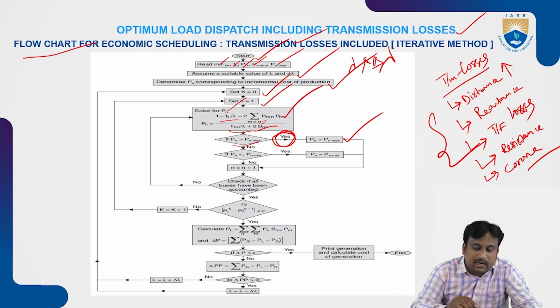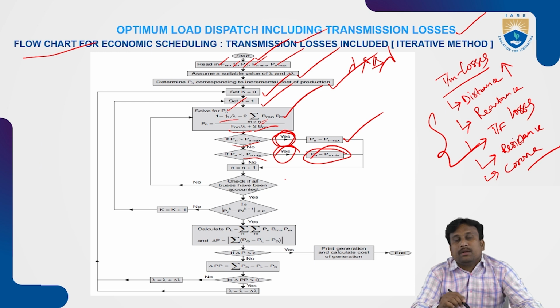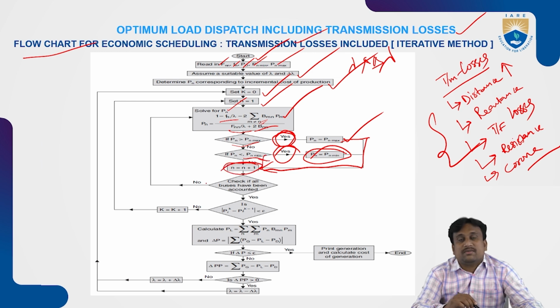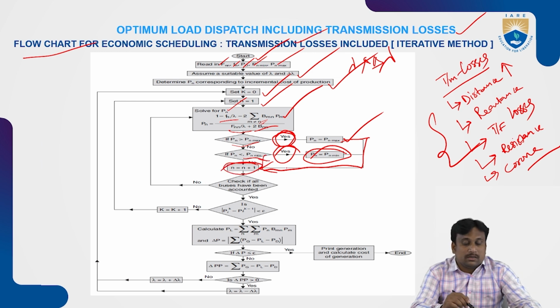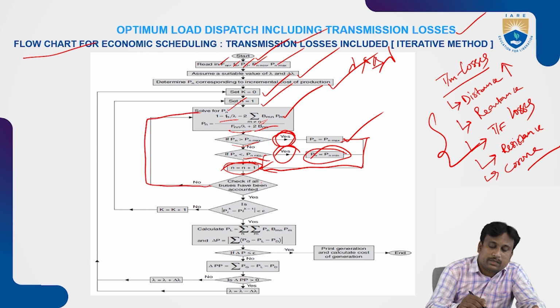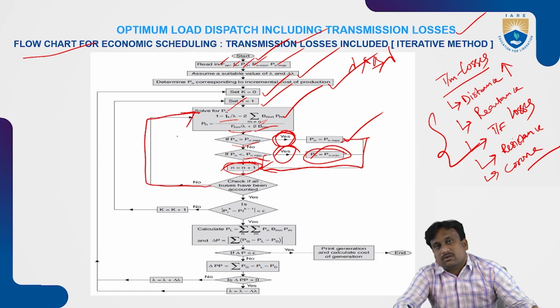If Pn is less than Pn minimum, when this condition is satisfied, then Pn equals Pn minimum. Like that, when it is not executed, n equals n plus 1 will take place. If it is not possible, check if all the buses have been accounted; if not, we have to go again for solving Pn.